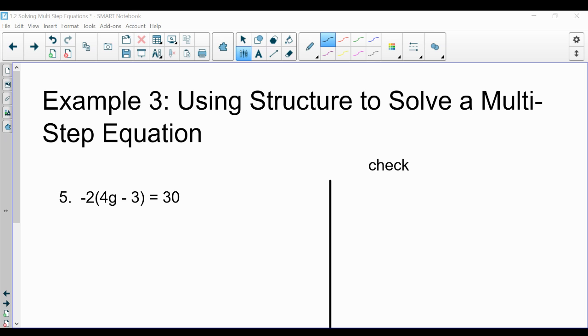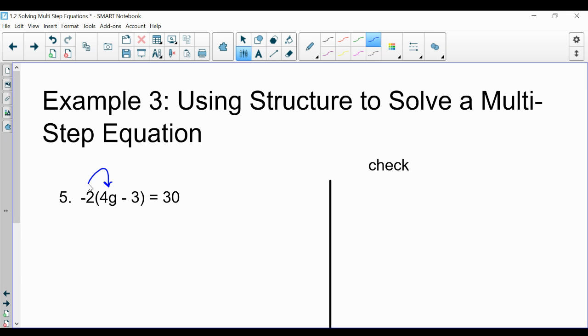So now this time it says use structure to solve a multi-step equation. That just means that we're going to use some of the properties. That's all that means. So looking at number 5 here, just looking at the problem, I can see I have parentheses, but inside the parentheses, there's a variable. So since I have a variable inside the parentheses, I know that I have to use that distributive property that I love so much.